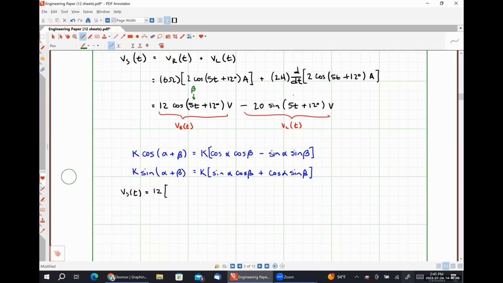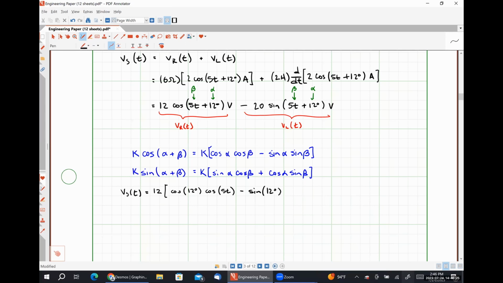This is going to be beta, and this is obviously beta as well. And then this plus 12 degrees is going to be alpha. So cosine alpha is cosine 12 degrees, and cosine beta is just cosine 5t, minus sine alpha.